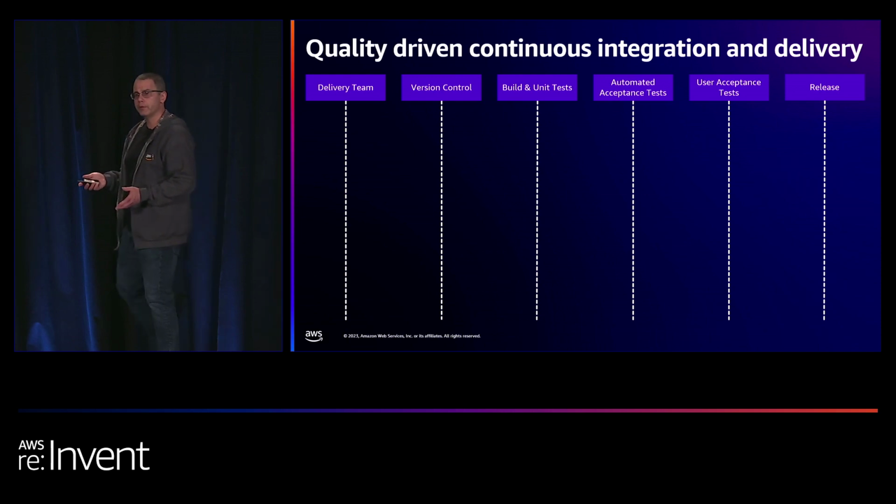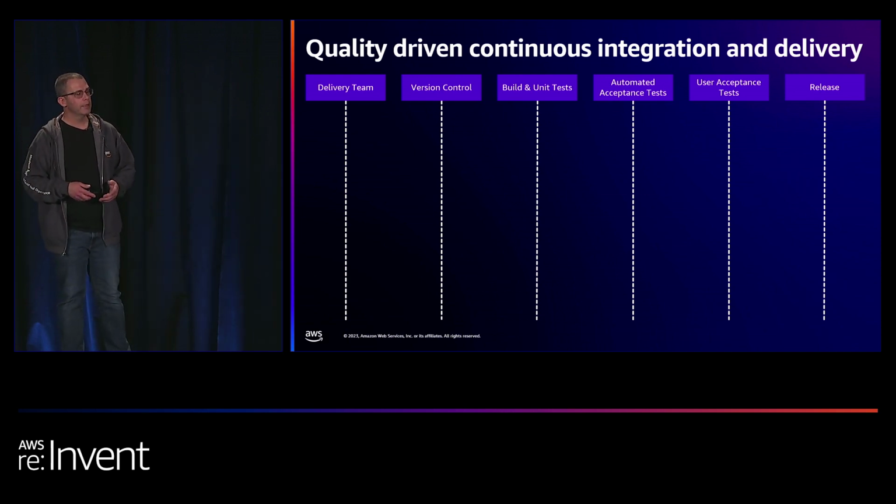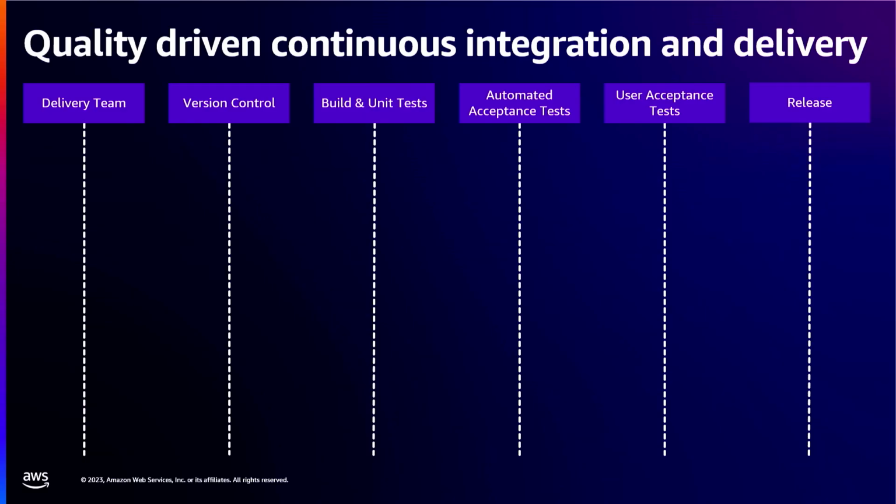So if anyone in the room is doing CI/CD today, this is going to be very familiar. This slide will be very familiar to you. So you guys do source code, you check it in, you trigger a build. That's the whole thing about continuous integration. If there's a failure, you get automated feedback. So then developers can follow up on those failures and provide fixes.